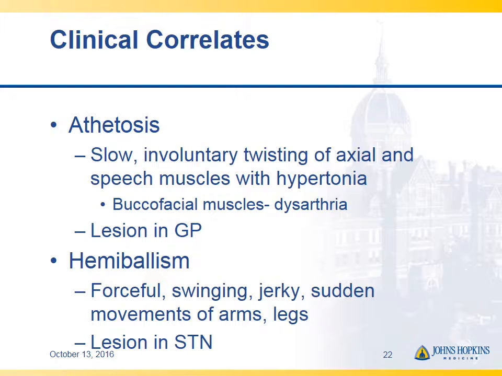This can affect the buccofacial muscles, resulting in dysarthria and is secondary to a lesion in the globus pallidus. I mentioned hemibalism earlier, which is characterized by forceful, swinging, jerky, sudden movements of the arms and legs, and this is seen in association with a lesion in the subthalamic nucleus.